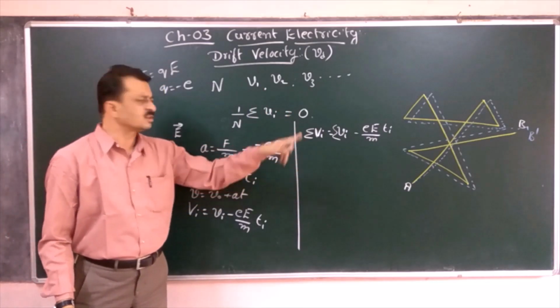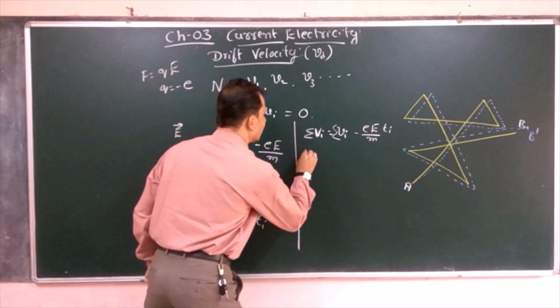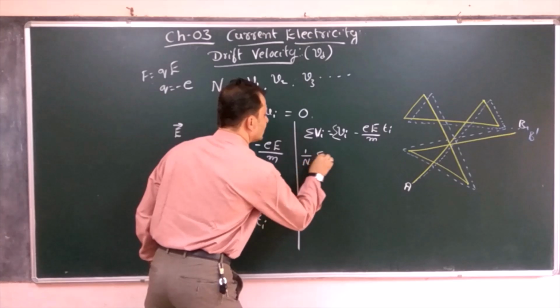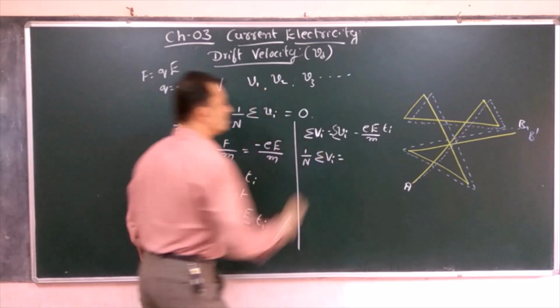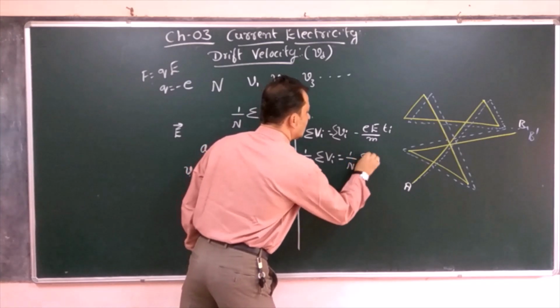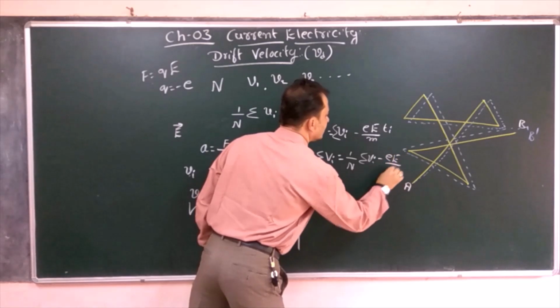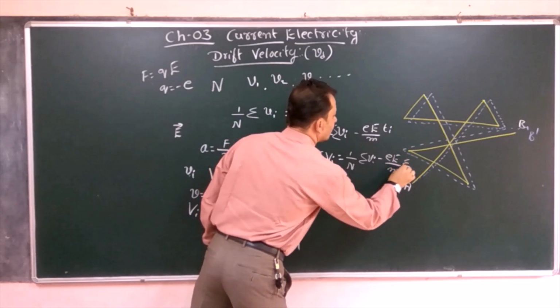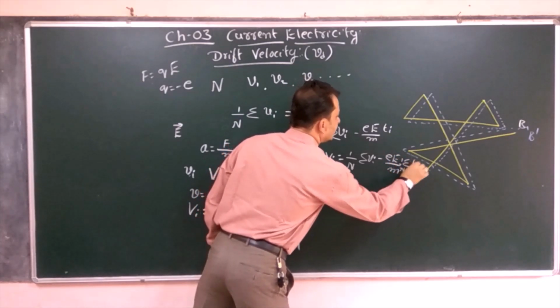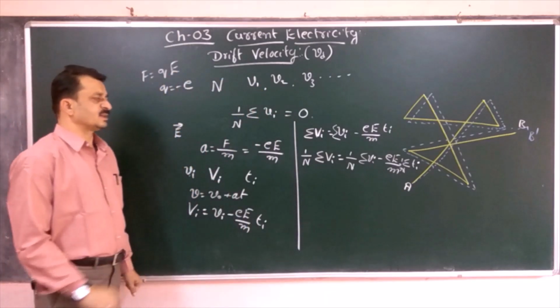I have to divide all the terms by capital N. If I take the average, it becomes 1 by n sigma capital Vi, that is equal to 1 by n sigma Vi minus E by M sigma 1 by n Ti.